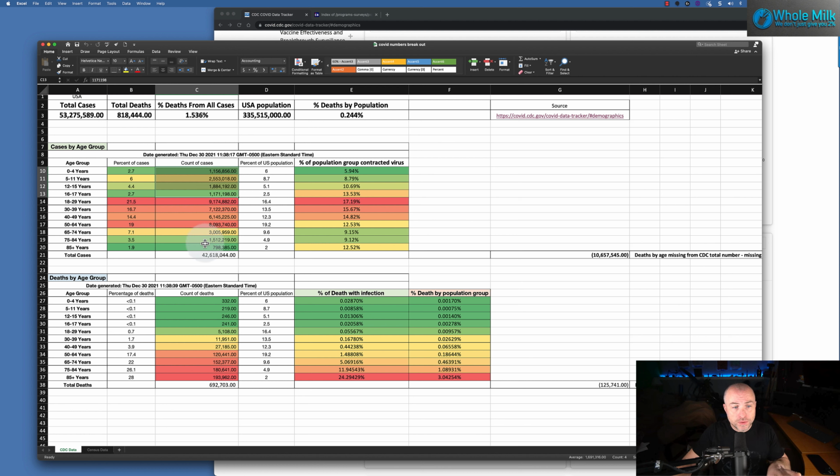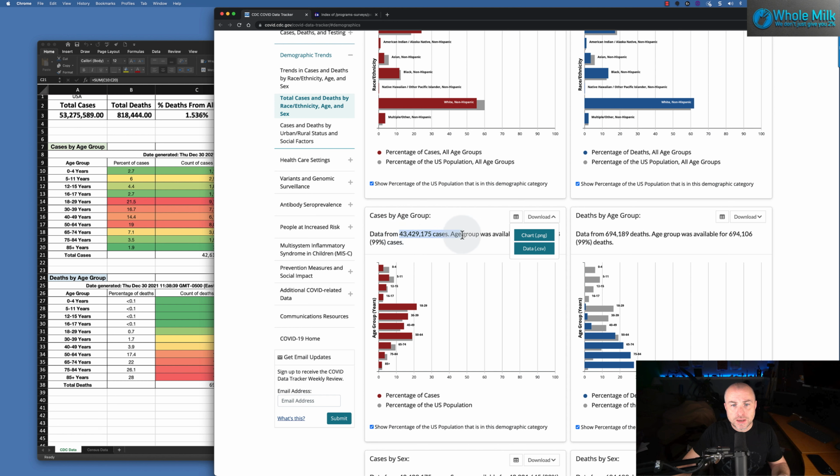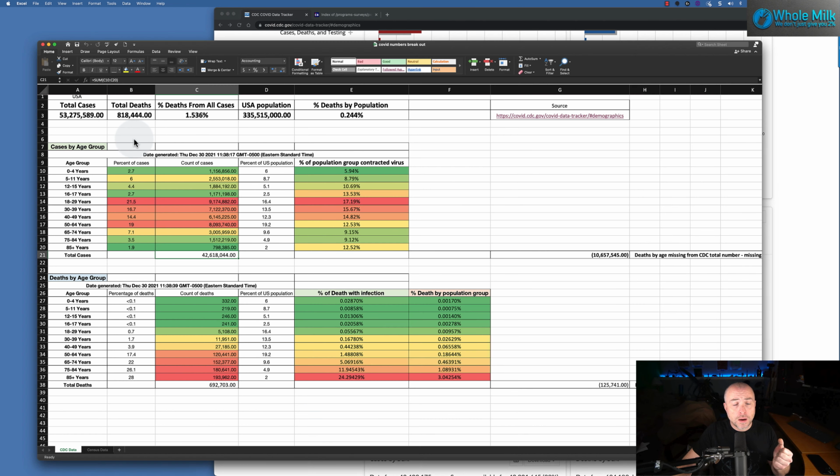When you tally up all of these, which again, another discrepancy, this is from their data set we just pulled, you're going to see it's 42 million cases. If you go over to here, cases by age, they're saying 43 million. And they have data from 43.001 million. Why is there another discrepancy?